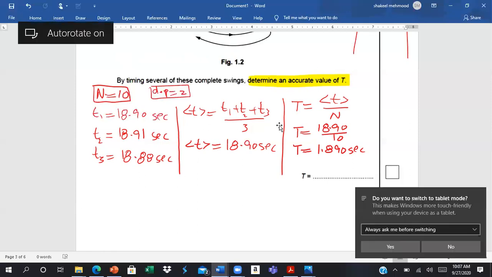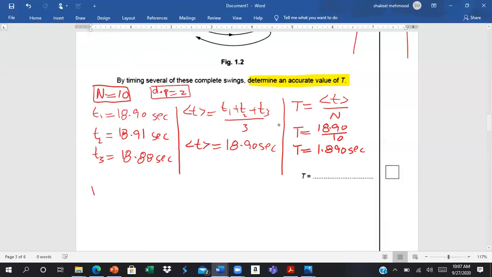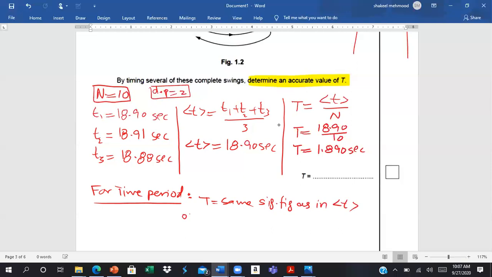What you can do is that this is only for time period. This thing that I'm going to share is only for time period. In the time period, you have to write your answer in the same significant figures as in the average time, or you can also write one less significant figure than the average time.